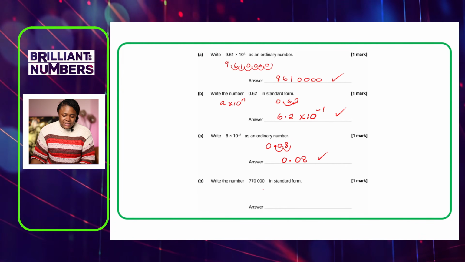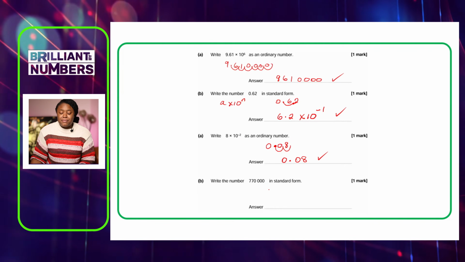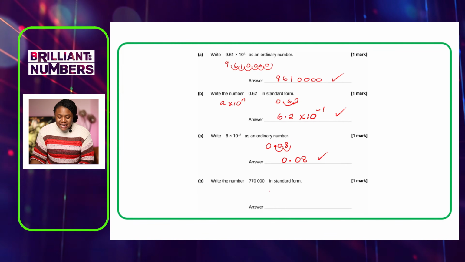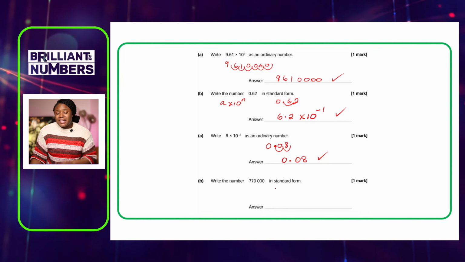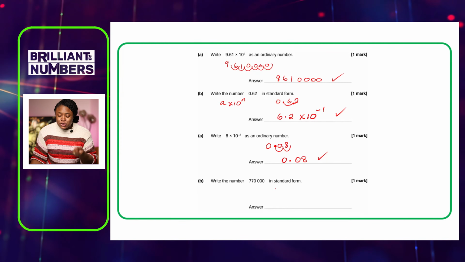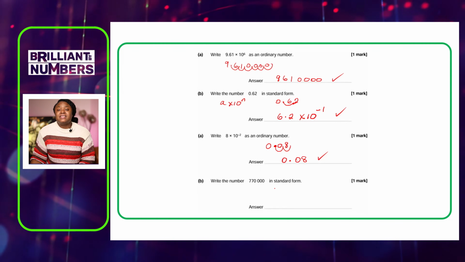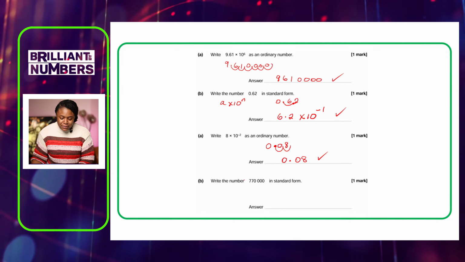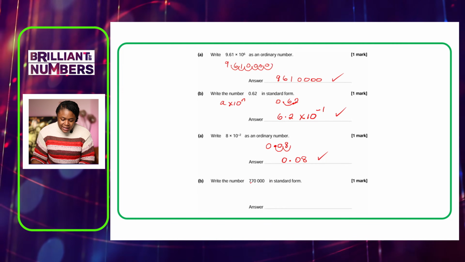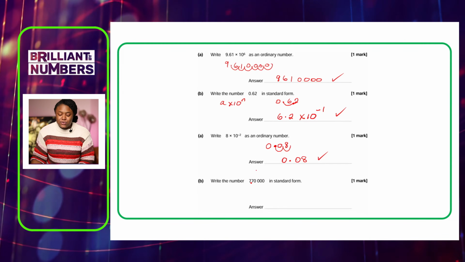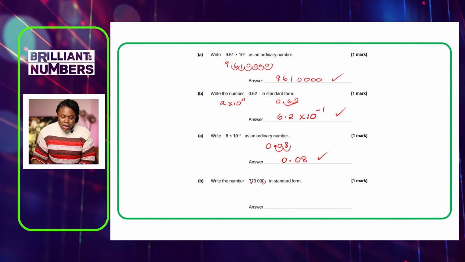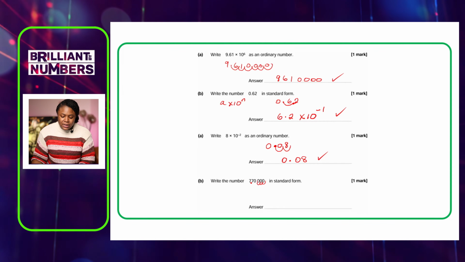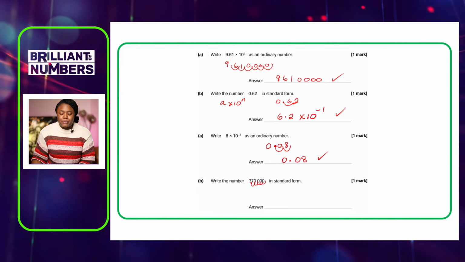Part B of the next section asks us to write the number 770,000 in standard form. Again, I asked myself, where should my decimal be for this to be a standard form number? Therefore, my number has to be between the 2 sevens. So we go from the back of the number, 1, 2, 3, 4, 5 spaces.